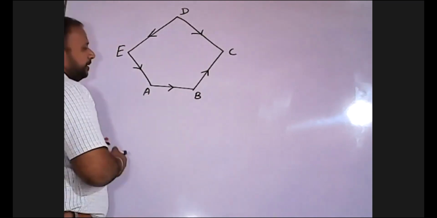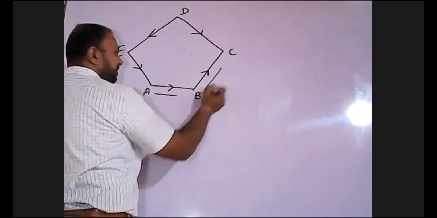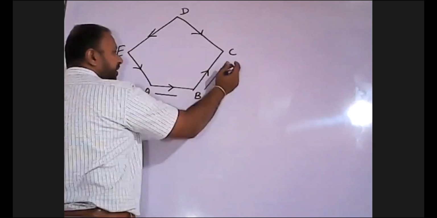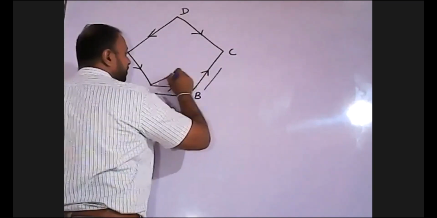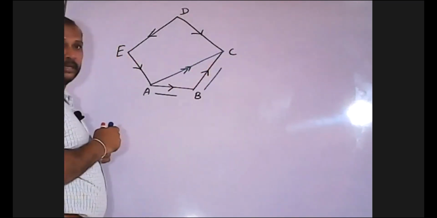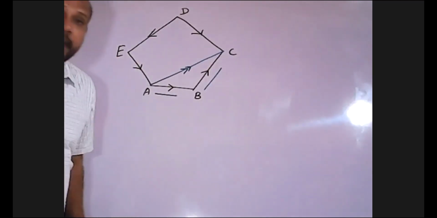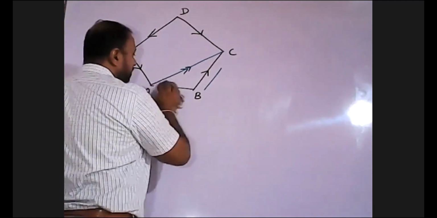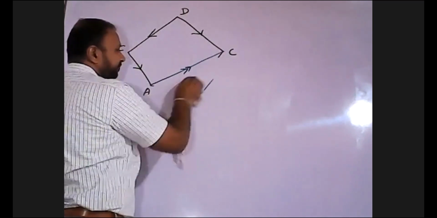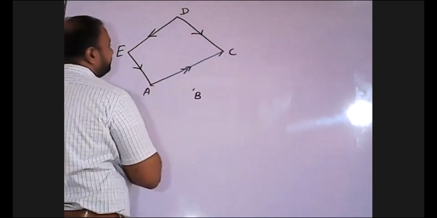If I add these two, look at this. These are in order. Therefore, I can add these two and the resultant would be AC. Therefore, I can remove these two legs. Now the resultant is AC.